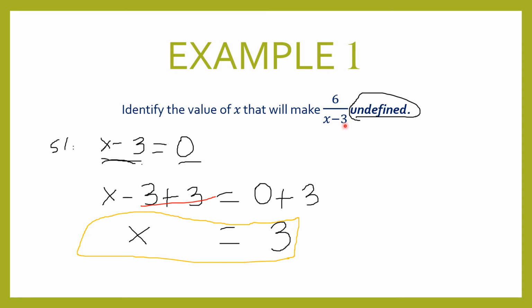So, 3 minus 3 is equal to 0. Therefore, we can say that the value of x that will make 6 over x minus 3 be undefined is x is equal to 3. So, kapag 3, yung expression natin ay undefined.